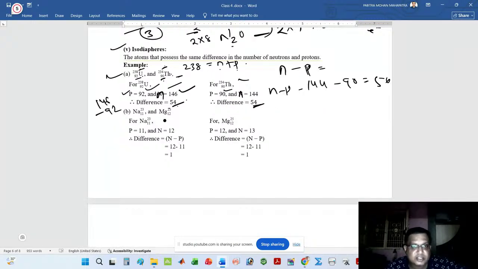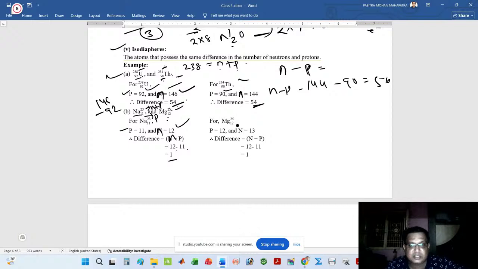Think about another example, sodium 11 23, magnesium 12 25. This is A 23 for sodium, 23 is n plus p, 11 is only p. Put the value of p here, we can find the value of n. That means for Na 11 23, p is 11, small n value is 12, and the difference is n minus p. So 12 minus 11 is 1.